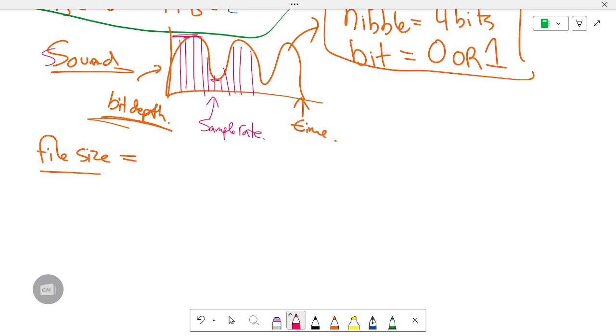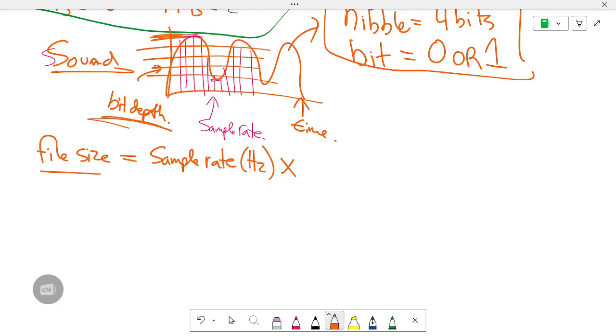Because this is an analog signal and computers only understand digital, we have to cut it. The higher the sample rate, the clearer the sound. Okay? And then file size is going to be sample rate measured in hertz multiplied by the height of my data, which is called the bit depth, times the channel.